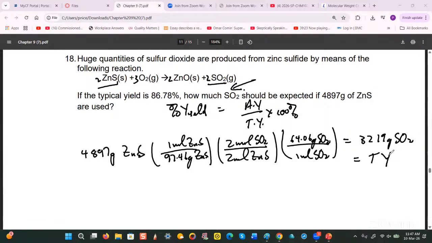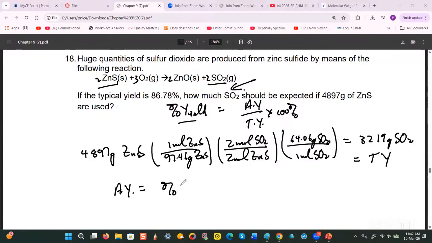That is the maximum amount of product that you'd expect to get, right? What the question is asking for is the actual yield, right? So remember I said here that the percent yield is equal to the actual yield divided by the theoretical yield times 100%.